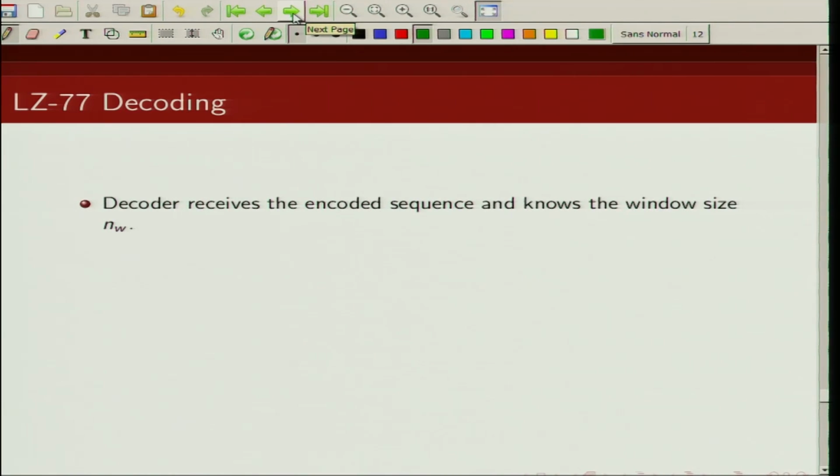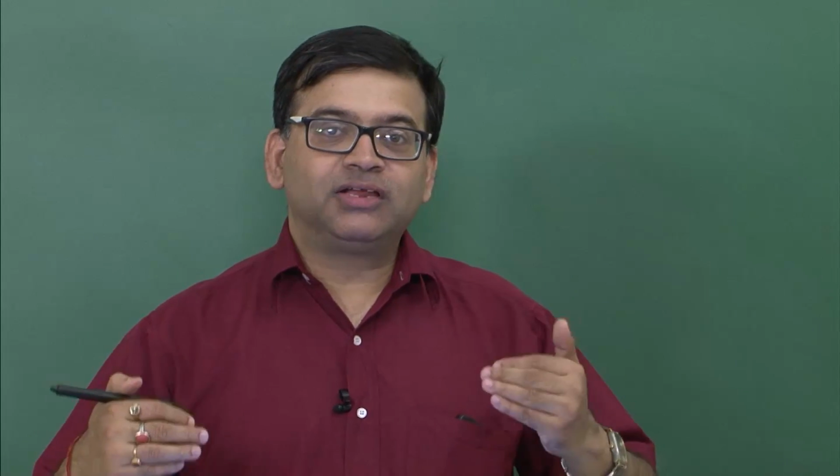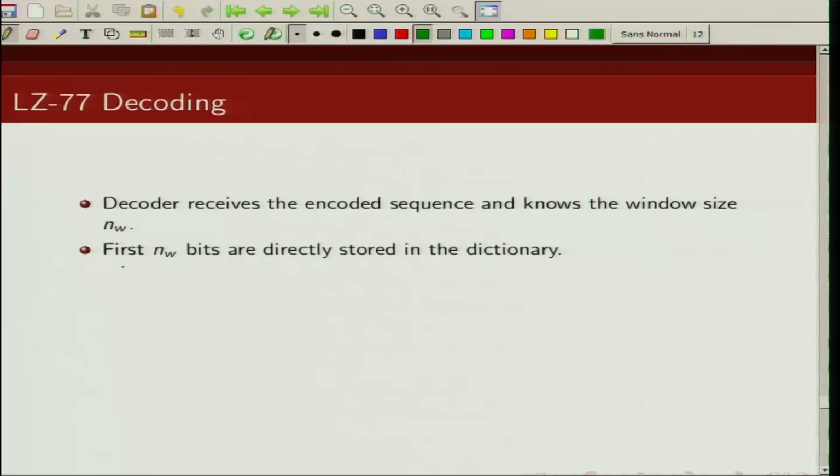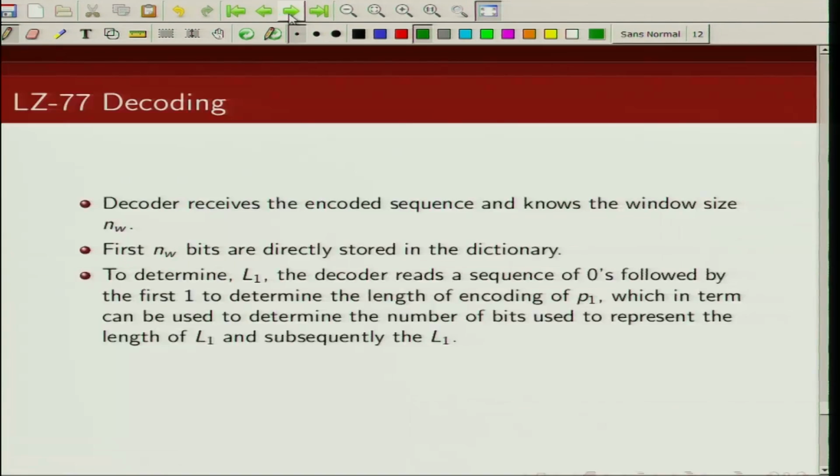Now, how does the decoding happen? The decoder will receive this encoded sequence, which is nothing but the initial NW bits and the encoding of L and M. So the first thing the decoder has to do is find out the values of Li and Mi from the received sequence. The first NW bits are the initial bits that were encoded, and then to determine L1, the decoder will read a sequence of zeros followed by the first one to determine the length of the encoding, which is P1.